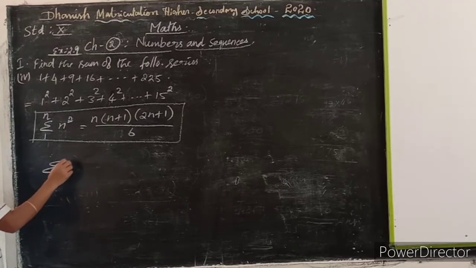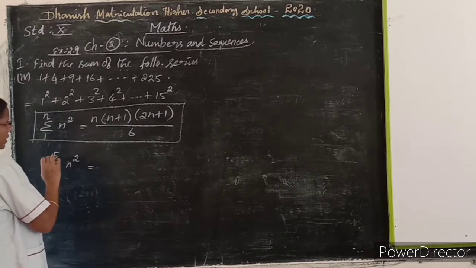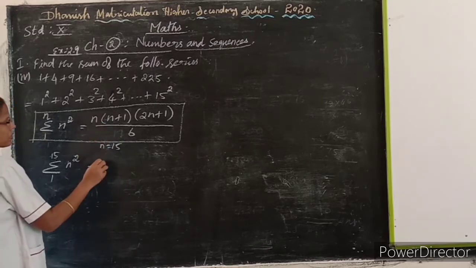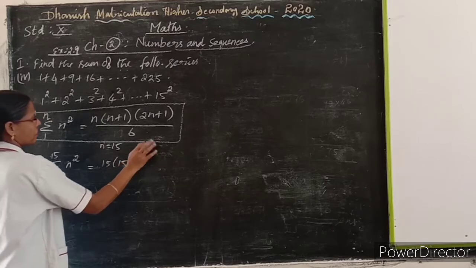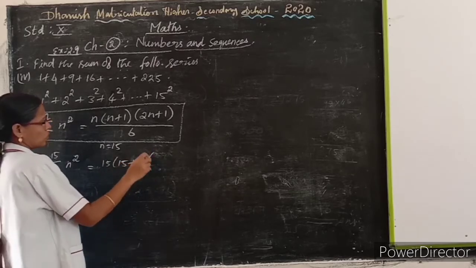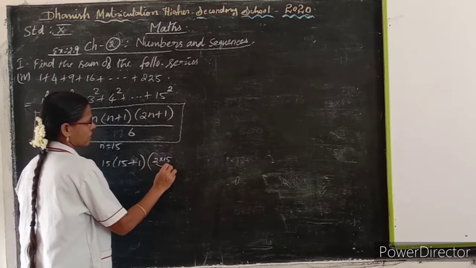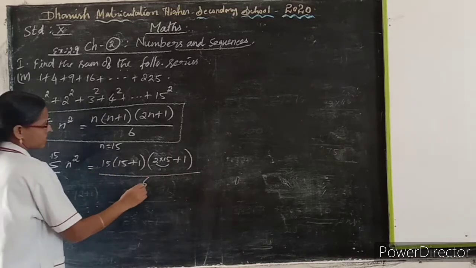So sigma n square from 1 to 15 is equal to 15 into 15 plus 1 into 2 into 15 plus 1 whole divided by 6.